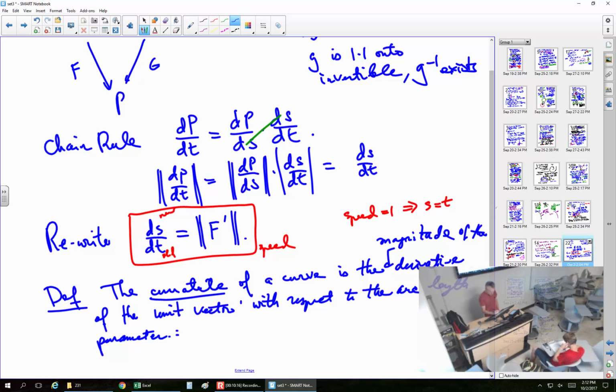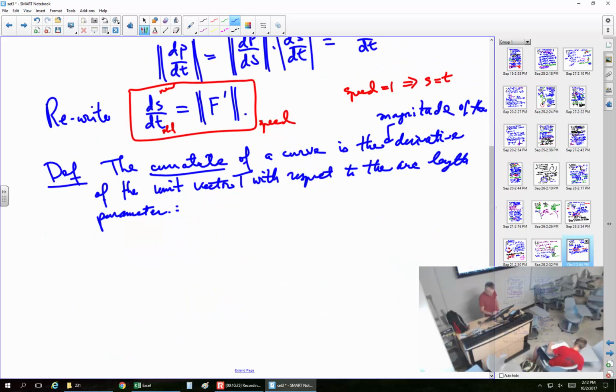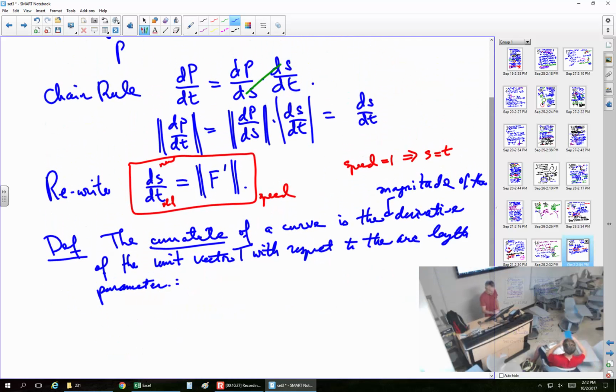So the unit vector is denoted by T, and it's a function. You can say it's a parameter curve, but let me write it out. So the curvature kappa is the magnitude of dT ds, where T is the unit vector, that depends on t naturally, but it is f prime.